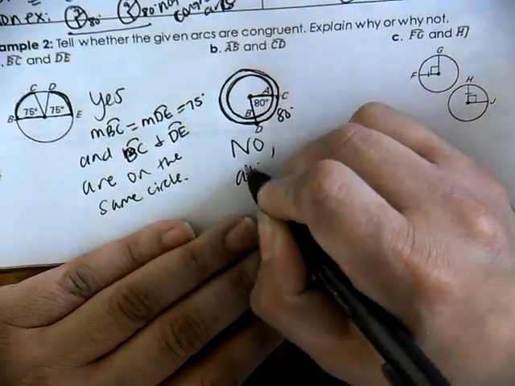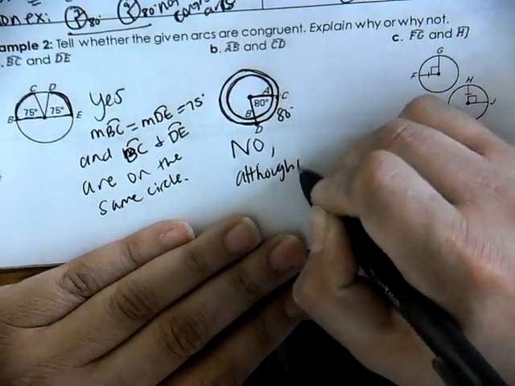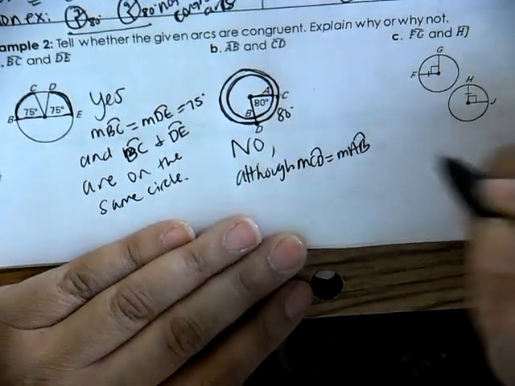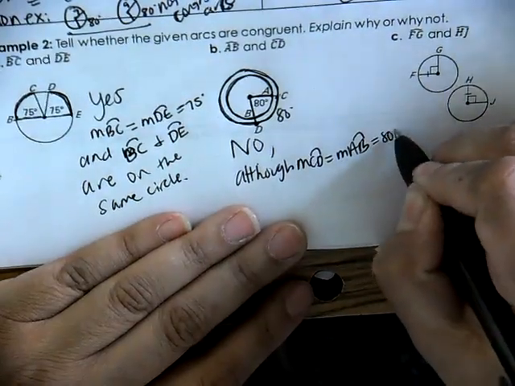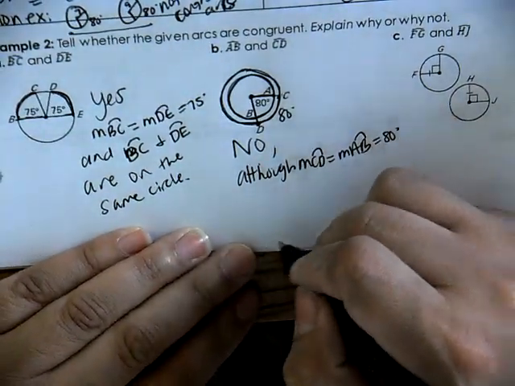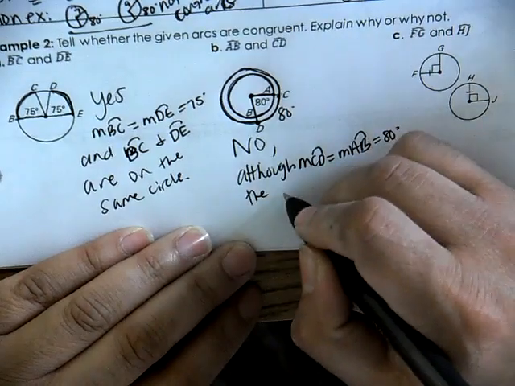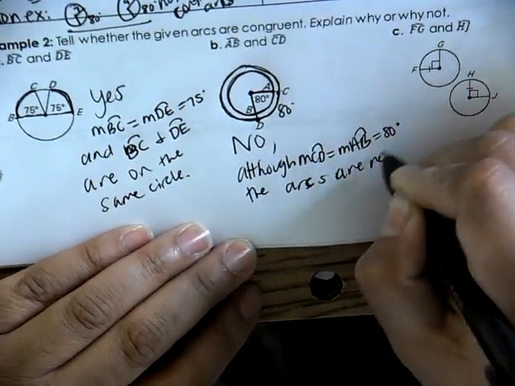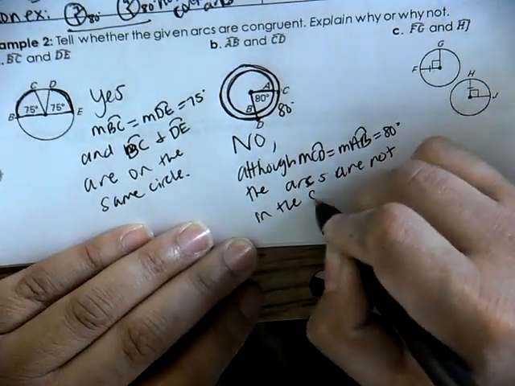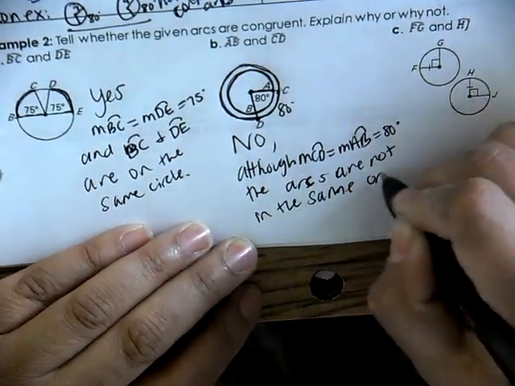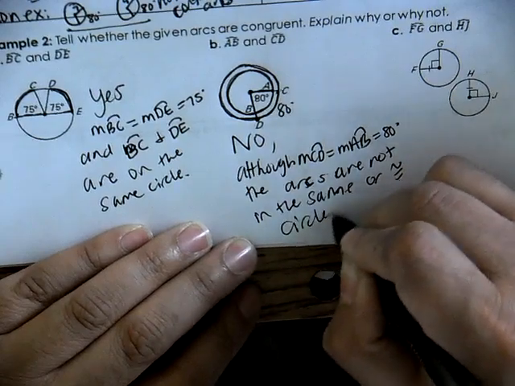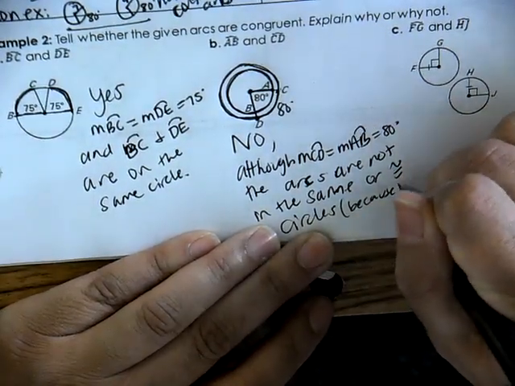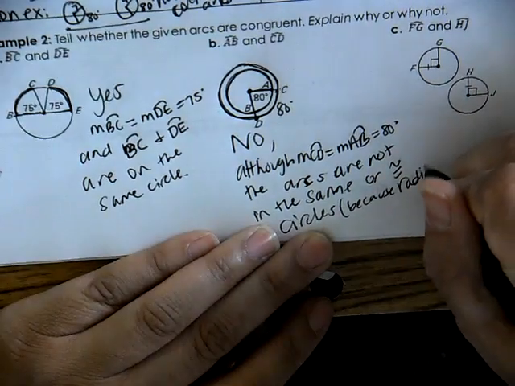So although the measure of arc CD is equal to the measure of arc AB, which all equals 80 degrees, the arcs are not in the same or congruent circles because the radii are not the same, or radius, whatever way you want to say it.